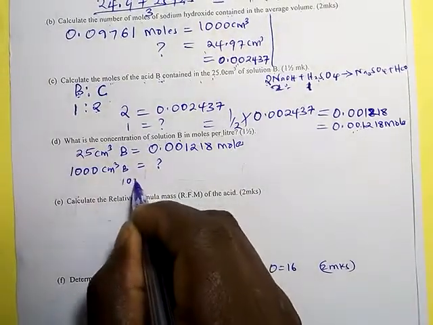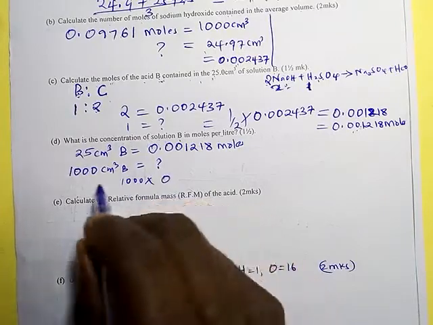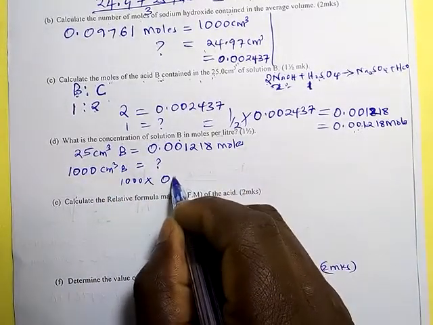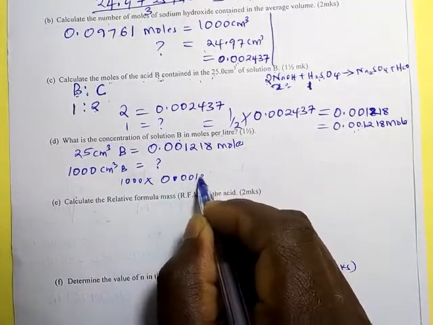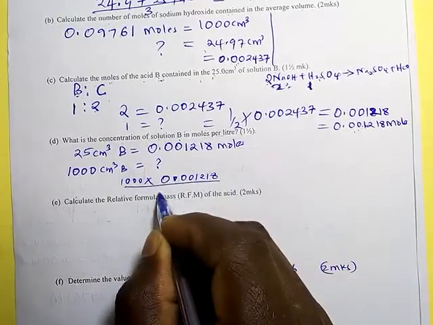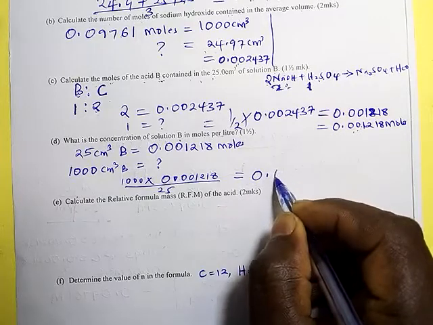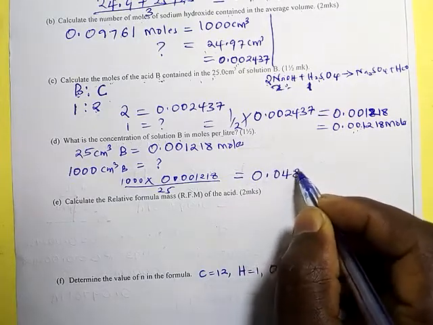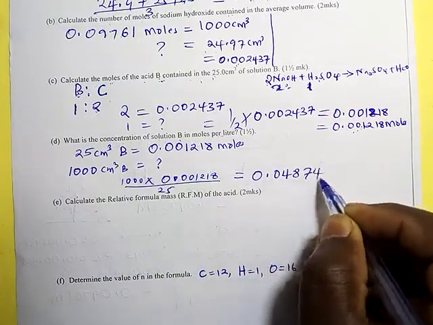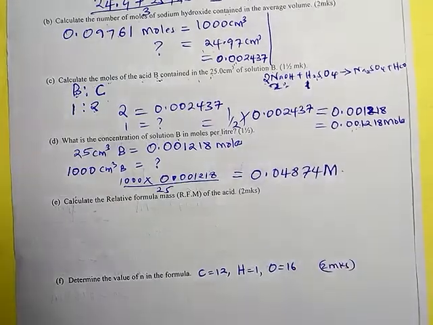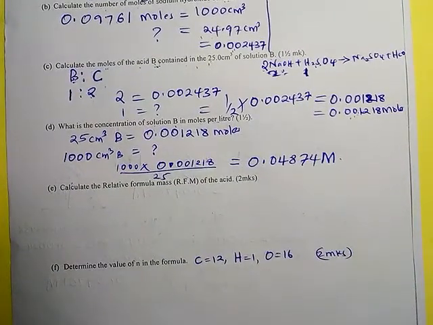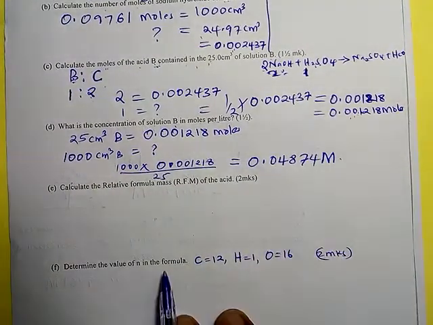So it is 1000 times it will go like this, 0.001218 divided by 25. So that will give us 0.0487 capital M. So the molarity of solution B is that.